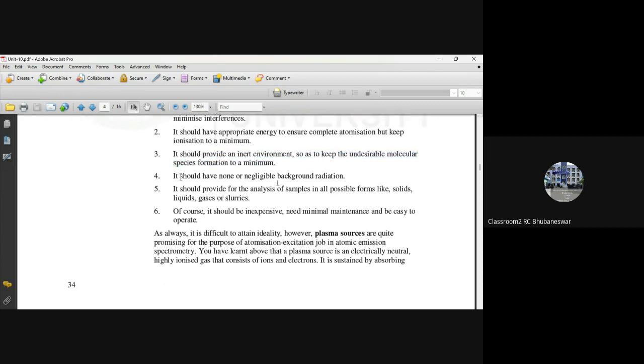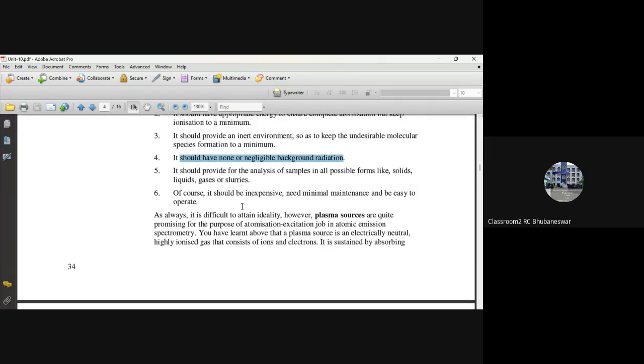So it should have none or negligible background radiation. Background radiation should be very low so that it will not create any spectral interference. Last class we were discussing what spectral interference was. If it has no or negligible background radiation, you can avoid that.